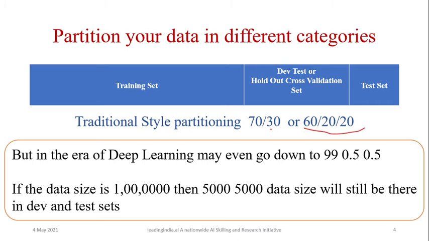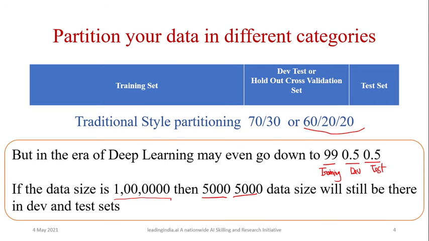Now, suppose we have a lot of data in hand. In that case, maybe you have 1 lakh images. If you divide it 99-0.5-0.5, so this goes for training, this for development, and this for test. In that case, you will have 5000 images for development and 5000 images for testing as well.